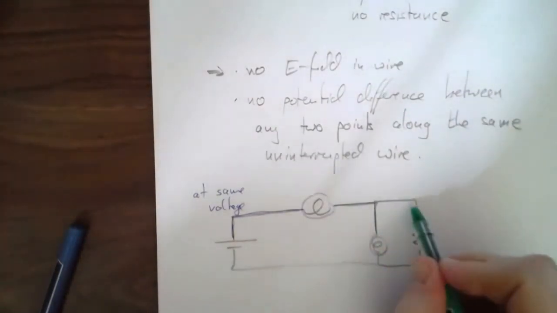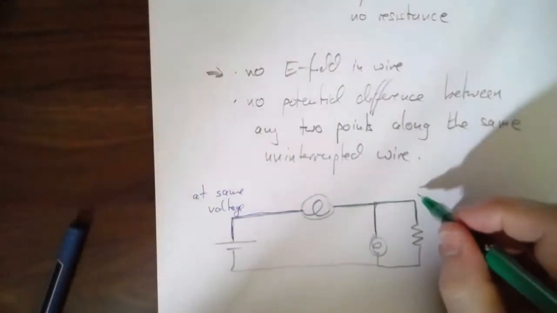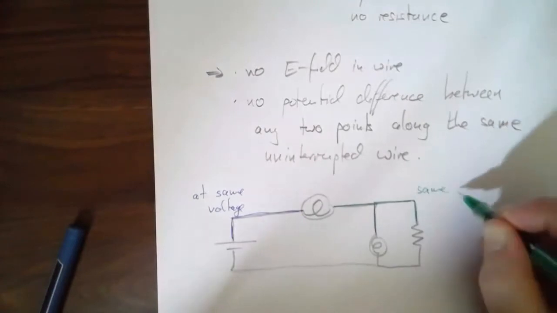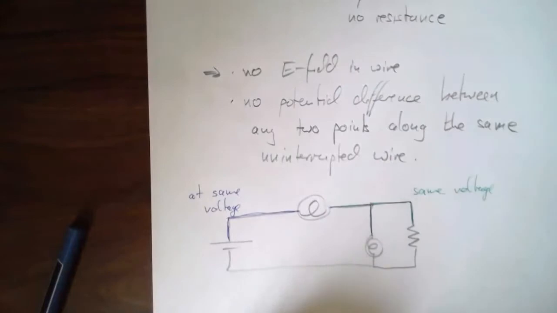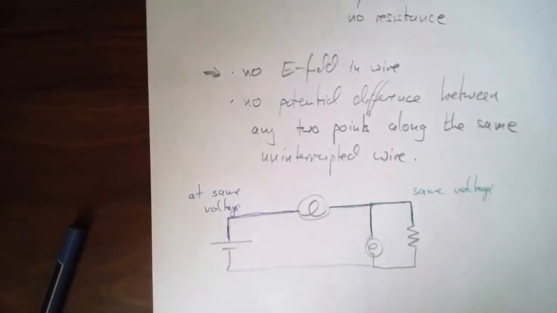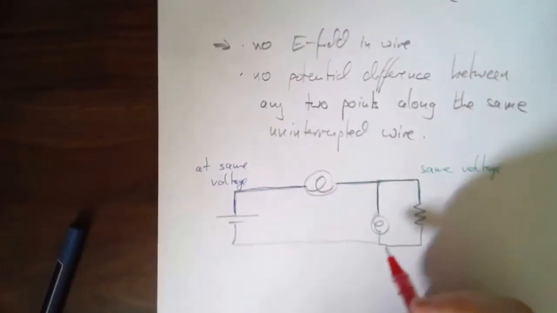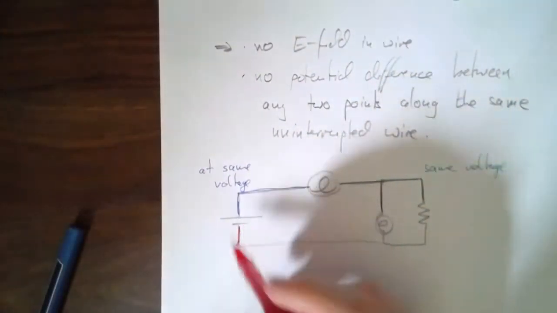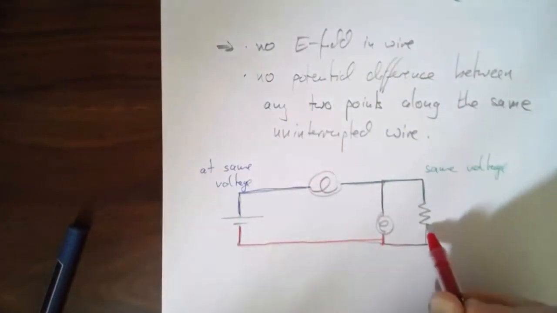That because this is just wire, all of this is at the same voltage, different from the blue one, right? But any point here is the same voltage as this. So you only ever get voltage changes, kind of changes in the altitude of your path, when you pass through an object, such as a battery, or a light bulb, or a capacitor, or a resistor.